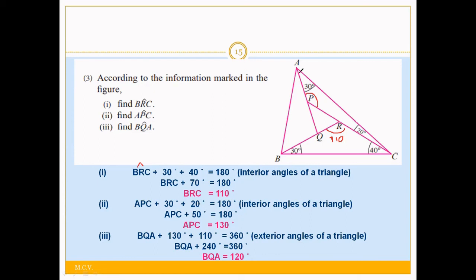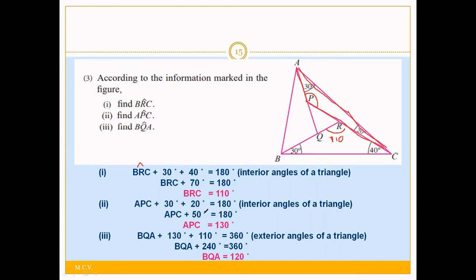So, sum of three interior angles of APC triangle. APC plus 30 plus 20, that is 180. 30 plus 20 is 50 degrees.